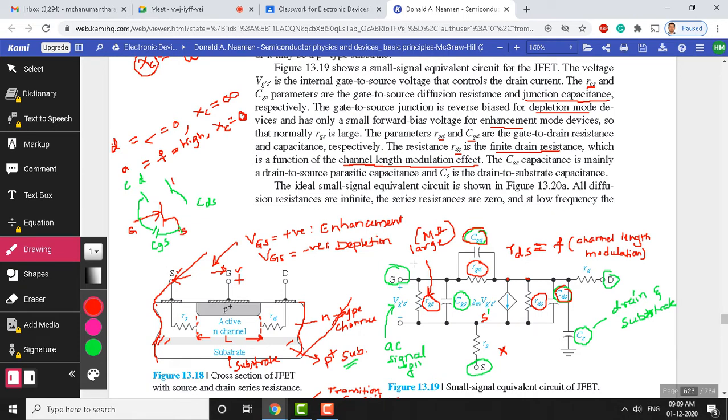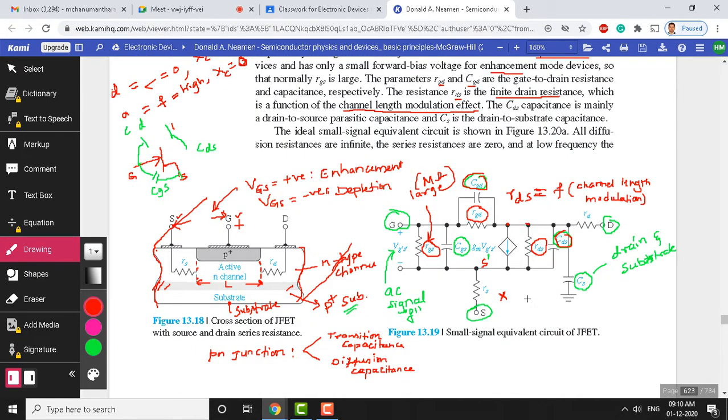This is an actual small signal equivalent circuit. We can approximate it by eliminating a few redundant resistances and capacitances. Then this model becomes very simple. Otherwise, this model is going to be very complex. But for information's sake, we have shown the actual model here.